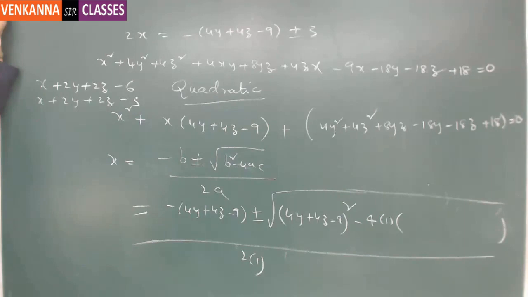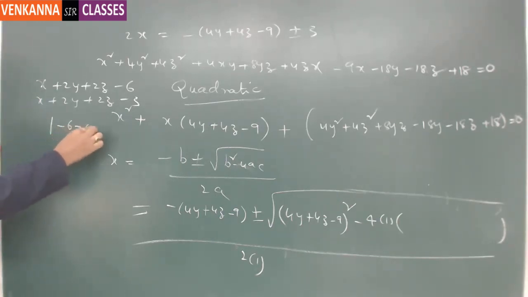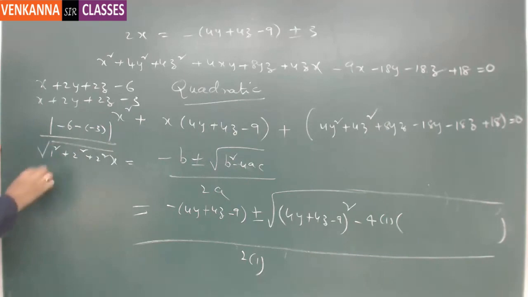So 3 by root 7 is the distance. I agree. Root 17. Or is the distance 1? I think the distance will be 1, because modulus of minus 6 minus of minus 3 by square root of 1 square plus 2 square plus 2 square, it will be 1.